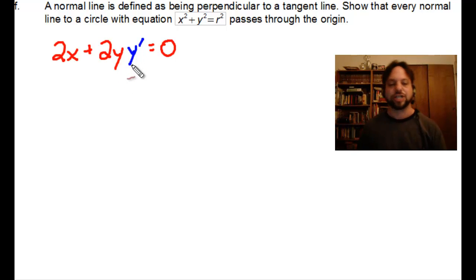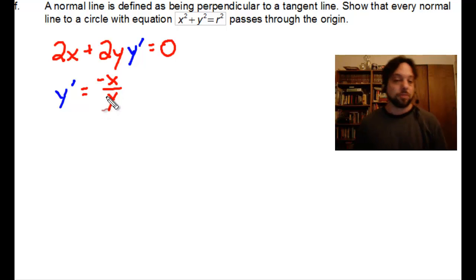They can be used interchangeably. And for now, I'm going to use the y prime. So if we do a little bit of algebra, what we'll get is that y prime is actually negative x over y. In other words, the slope of any tangent line to a circle centered at the origin, regardless of the radius, is just going to be negative x over y for whatever point on that circle.